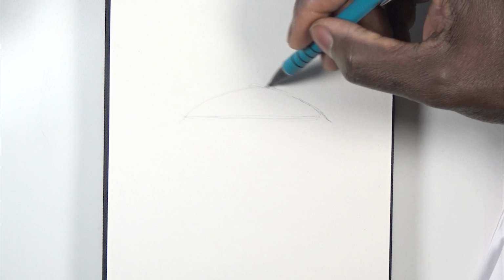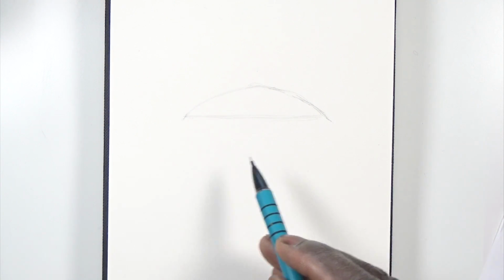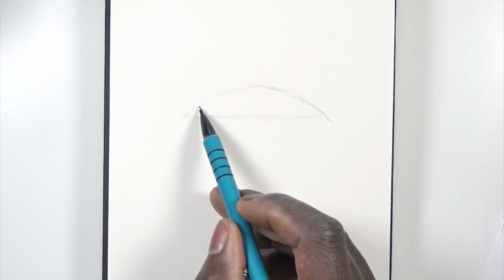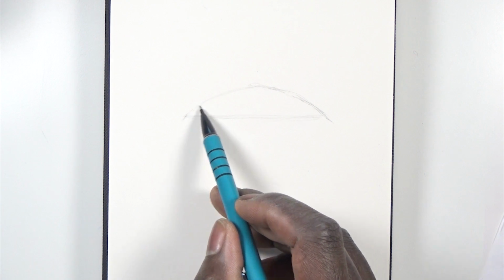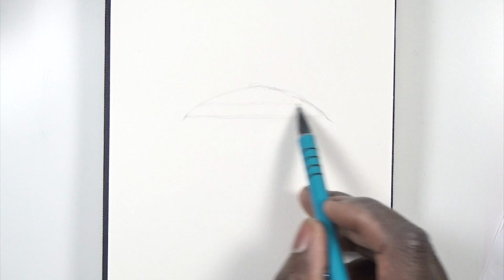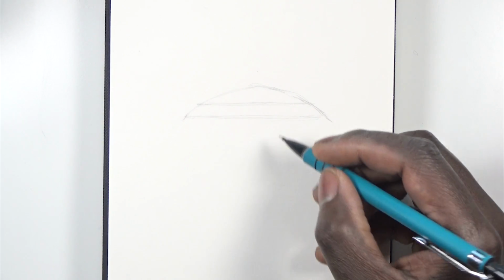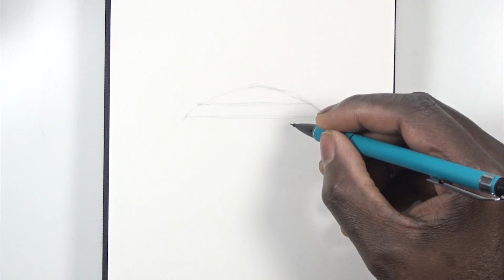So here we're going to draw a little semicircle at the top, but not so high. It's almost like a flat semicircle, because Arnold's face is pretty narrow. No, it's actually wide, but not high. Also drawing a line straight in the middle of that semicircle. Bam.